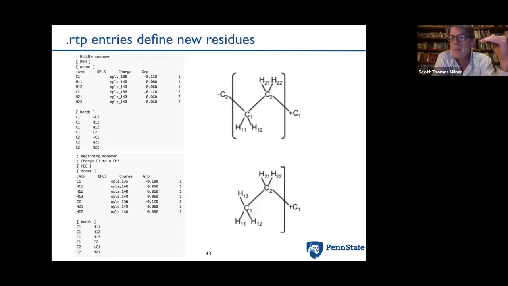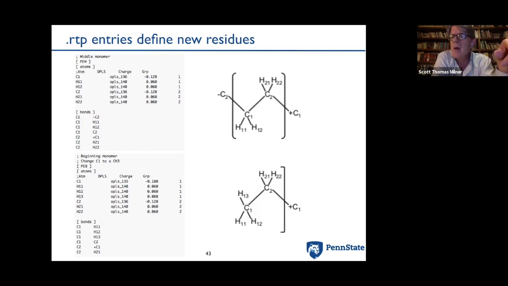It lists the atoms, gives them specific names. It tells what kind of OPLS atom they are, which are the alkane carbons and alkane hydrogens, and what their partial charges are. You can see the hydrogens are a little positive, as the carbon is a little bit electron withdrawing off of the hydrogen. That covalent bond's not quite symmetric, so there's a little bit of a partial charge on the hydrogen.